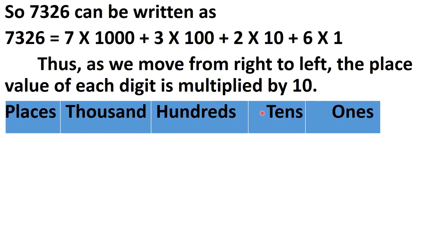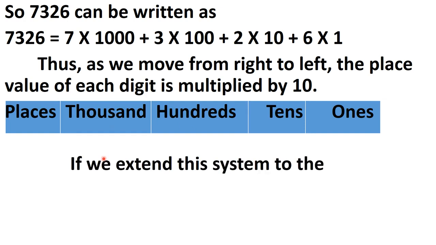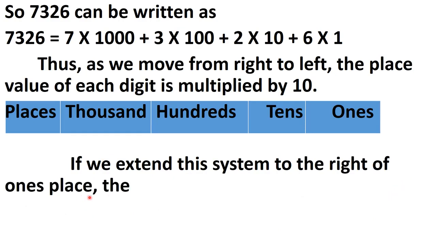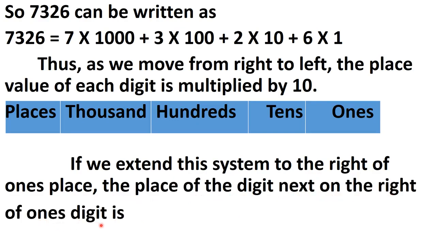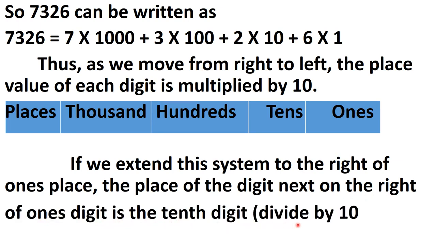Places you all know. First place is the ones place, then tens place, then hundreds, then thousands. If we extend this system to the right of ones place, the place of the digit next on the right of ones digit is the tenths place, that is divided by 10.